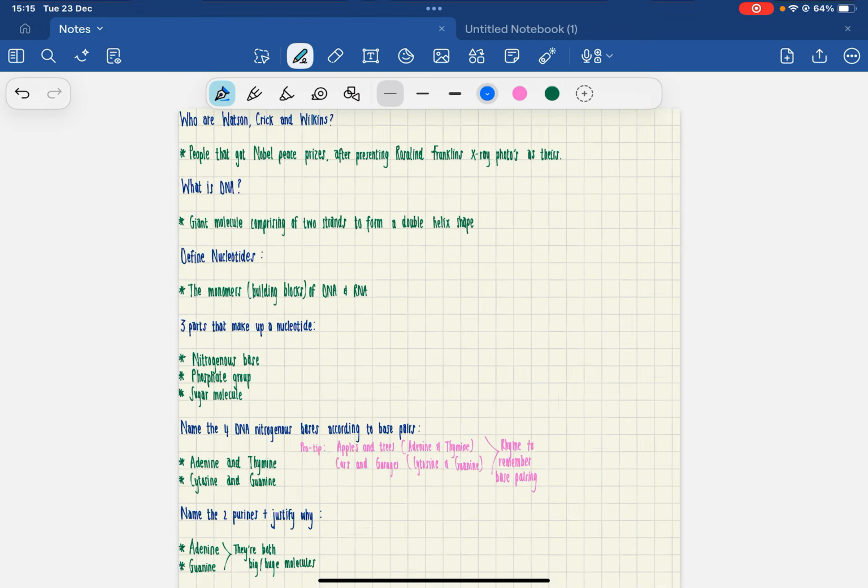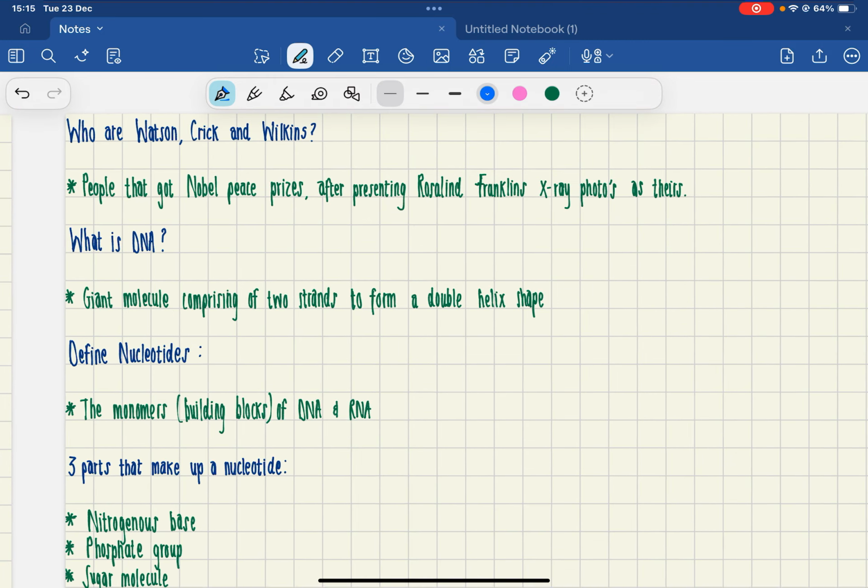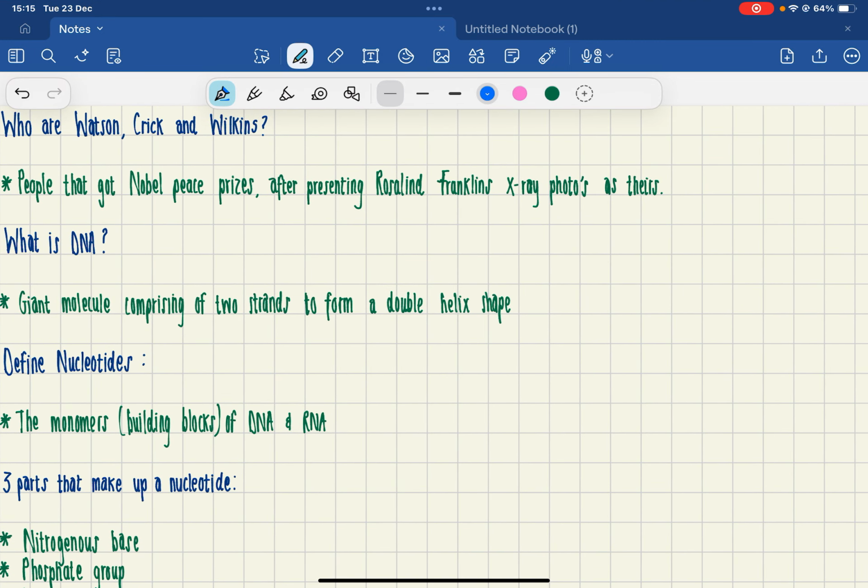Now, as we move on in our lesson, boys and girls, we need to know these three individuals, Watson, Crick, and Wilkins. Watson and Crick discovered the structure of DNA. They discovered that it was double helical, or a double helix.